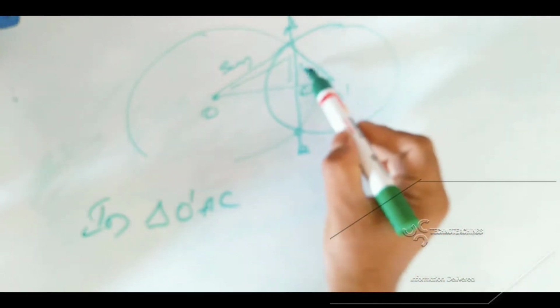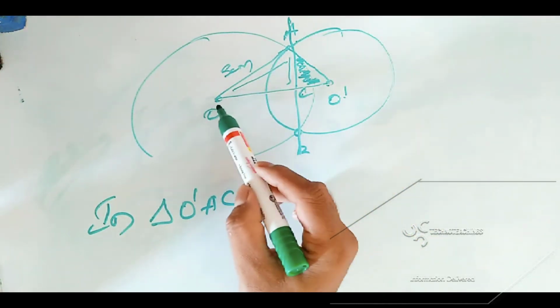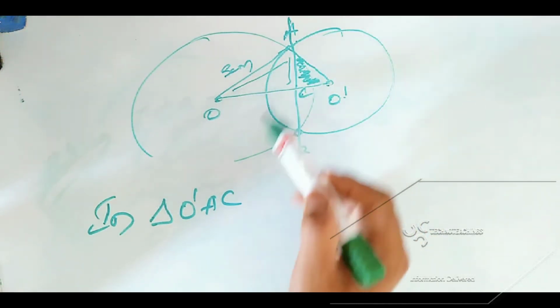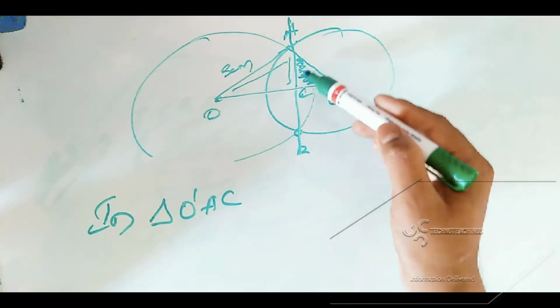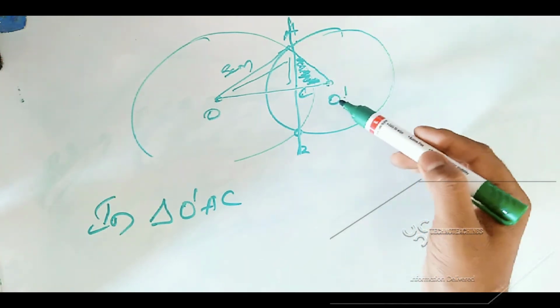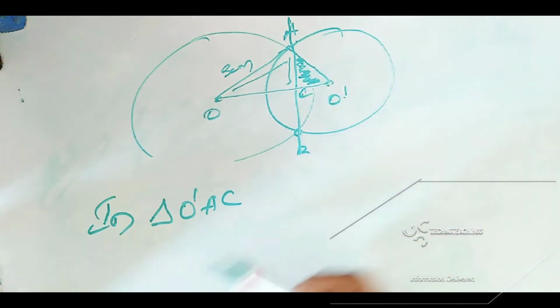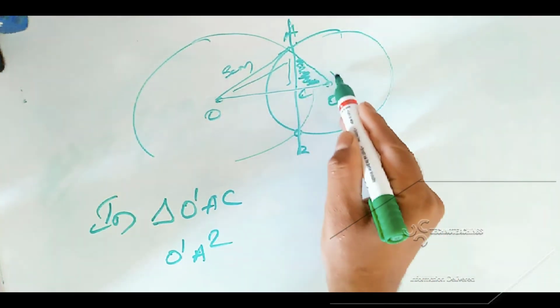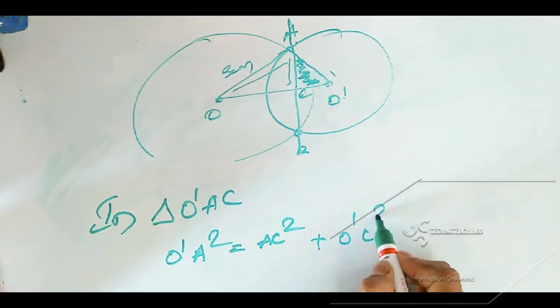As for the first triangle OAC, I got an expression. Now I need to get another expression for this triangle also, where the triangle has the points O dash, A and C. So in the triangle O dash AC, O dash A square equals AC square plus O dash C square.